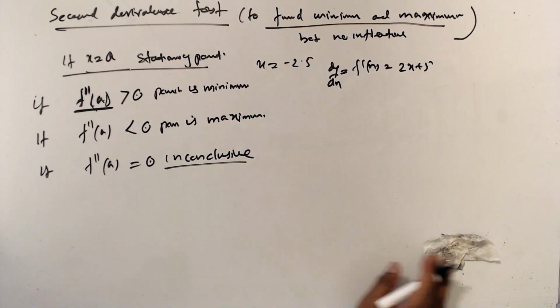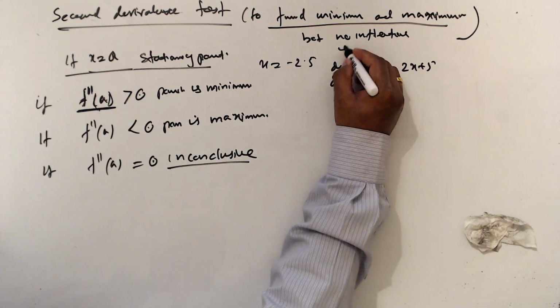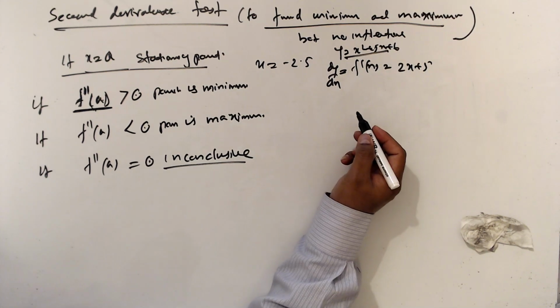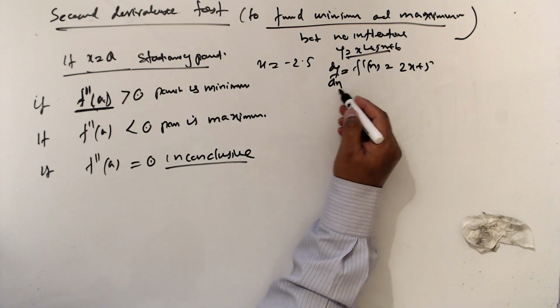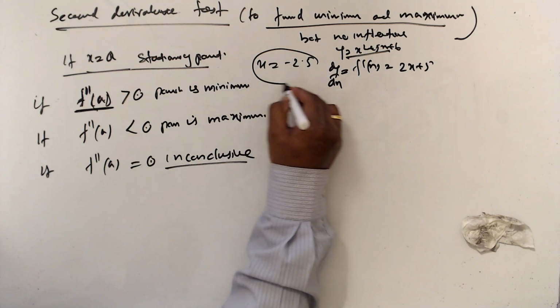Now our curve is y equals x squared plus 5x plus 6. Making dy by dx equal to 0, we found the stationary point is x equals minus 2.5.